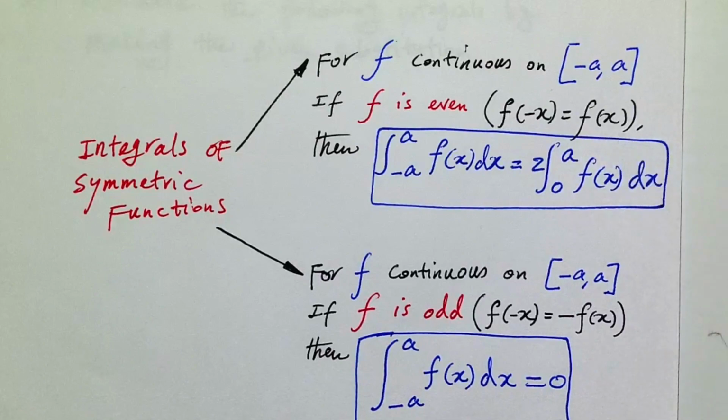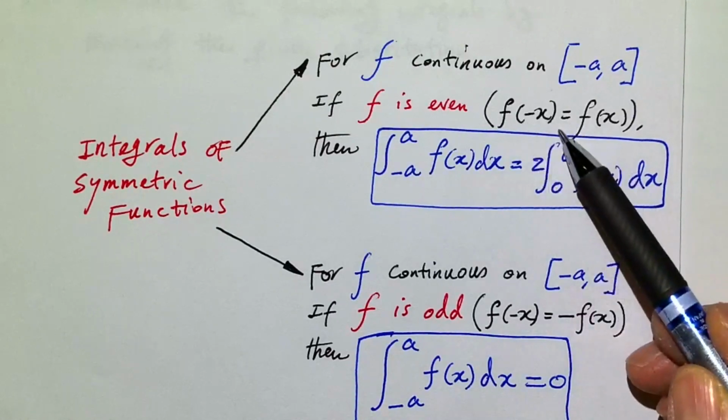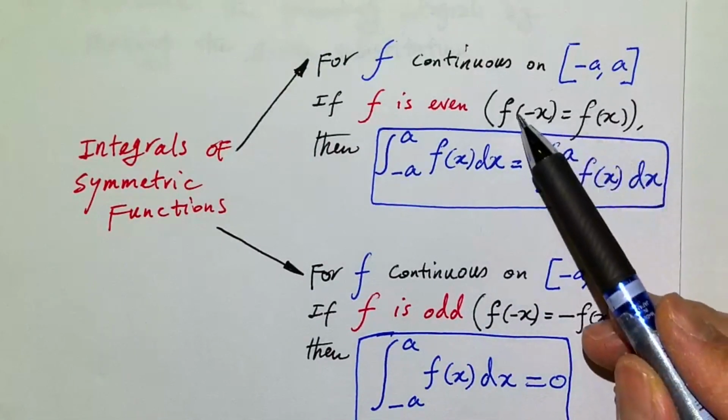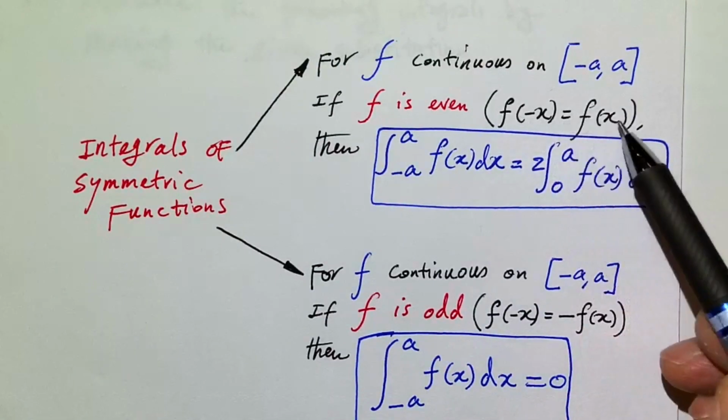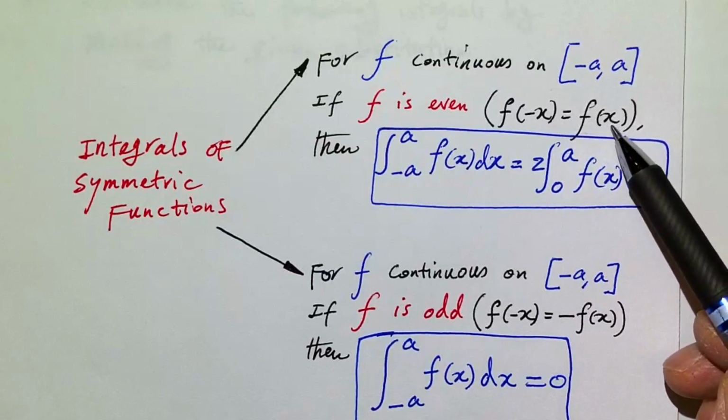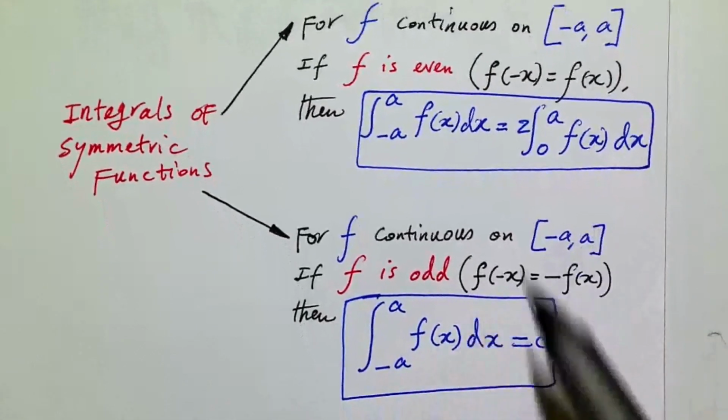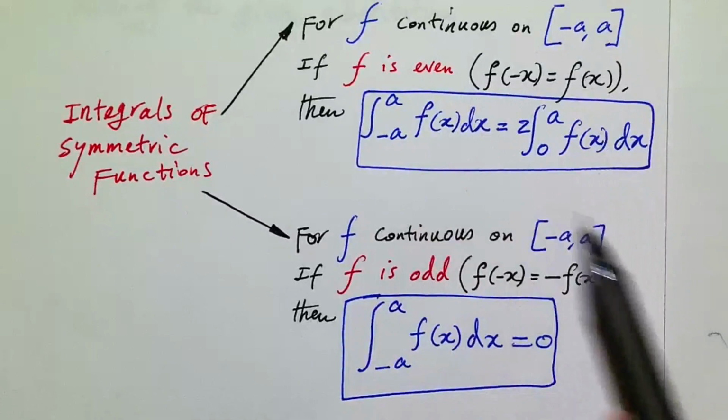That is, if you replace x with minus x and it's as if nothing happened, then that function is said to be even. So f of negative x is equal to f of x.